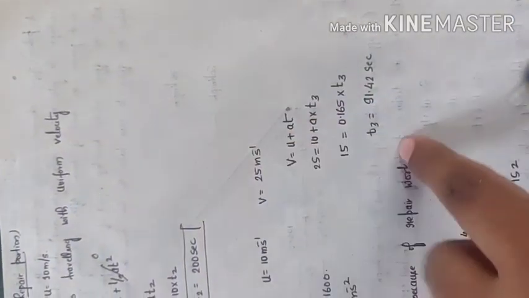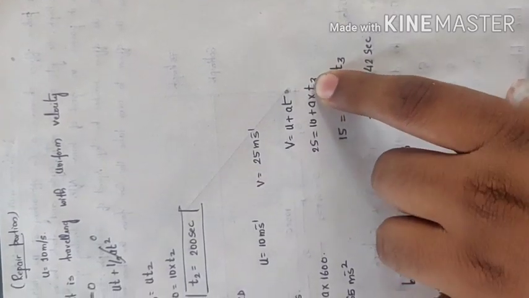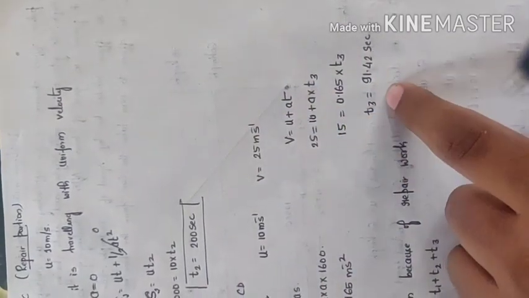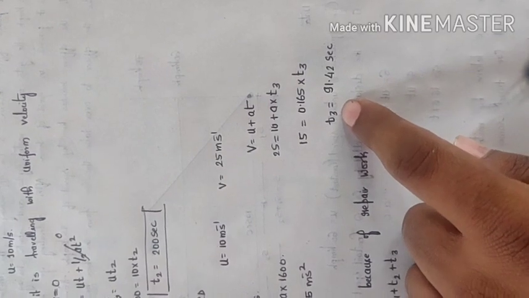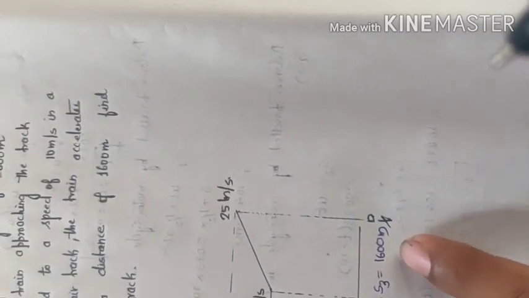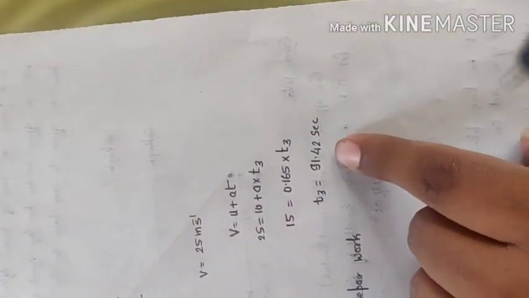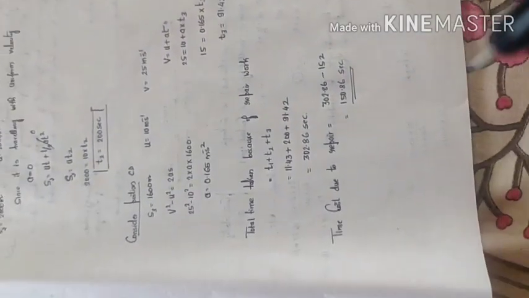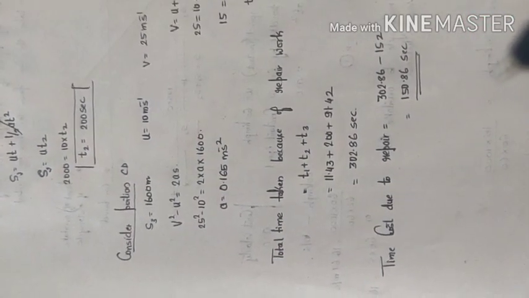Substitute that into the equation. I'll call this time t3 because it is with respect to the third part. Using that, the time required to cover the distance of 1600 meters is 91.42 seconds.